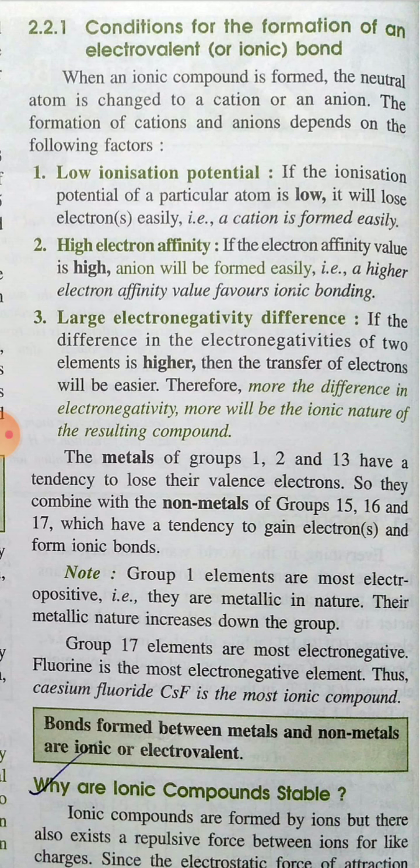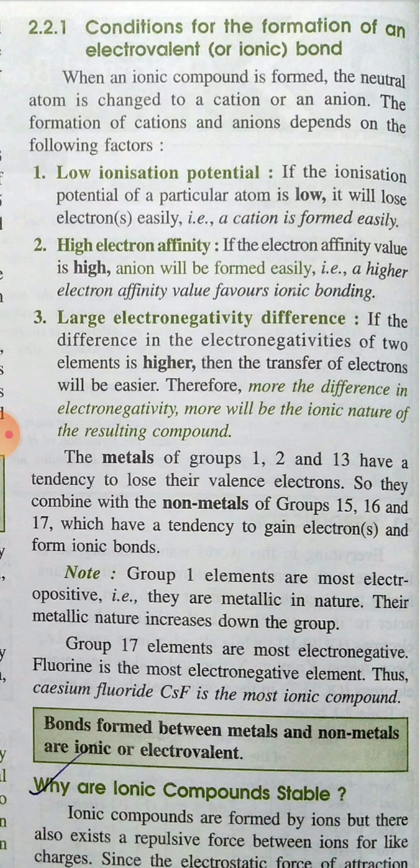So the more the difference in electronegativity, the more will be the ionic nature of the resulting compound. The metals of group 1, 2 and 13 have a tendency to lose their valence electrons, so they combine with non-metals of group 15, 16 and 17, which have a tendency to gain electrons, and form ionic bonds.